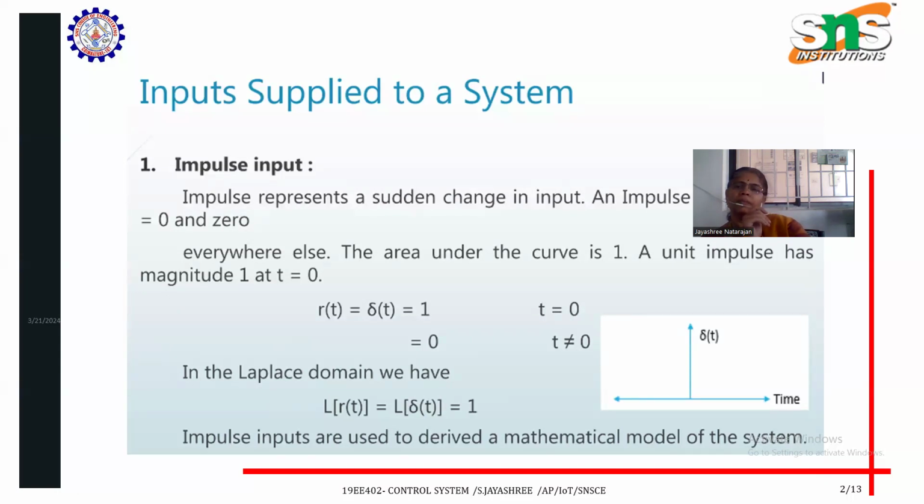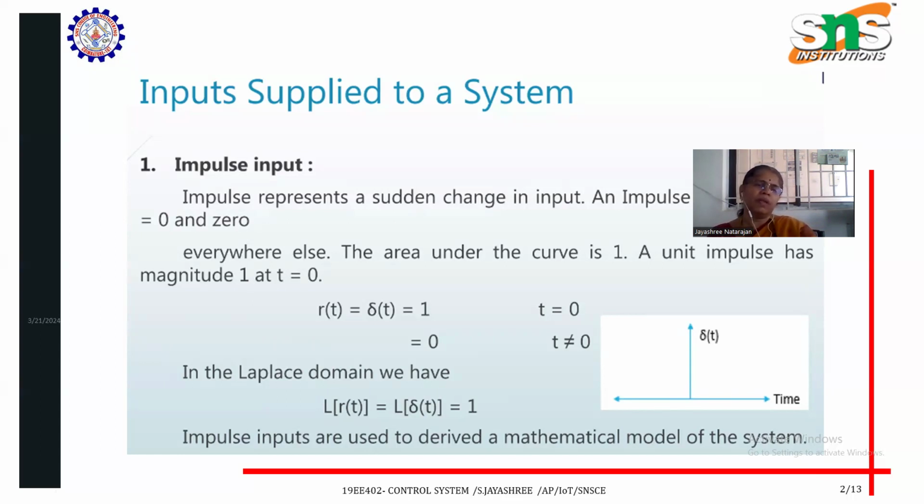That type of input we call an impulse input. See the graph: the signal appears when t is equal to 0, and before and after that there is no signal.